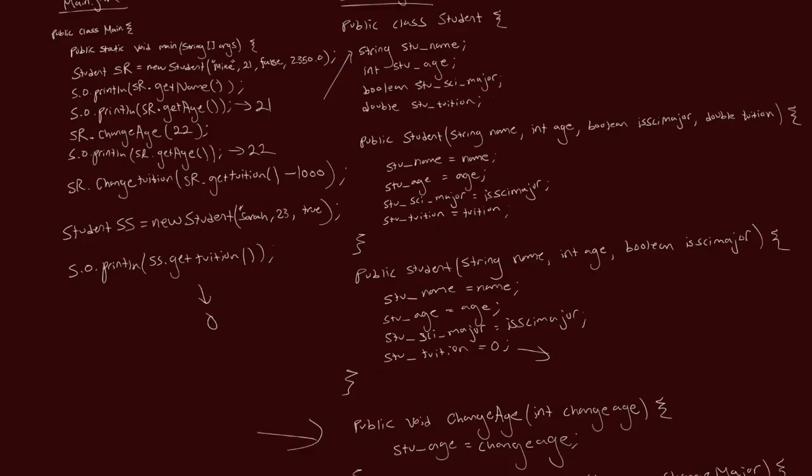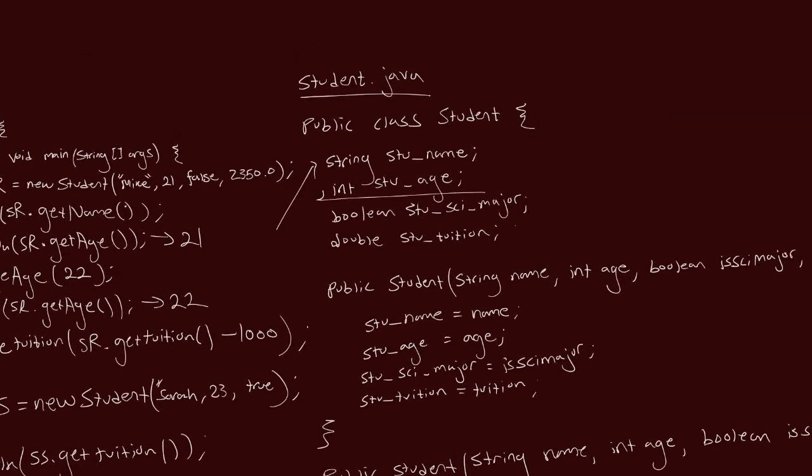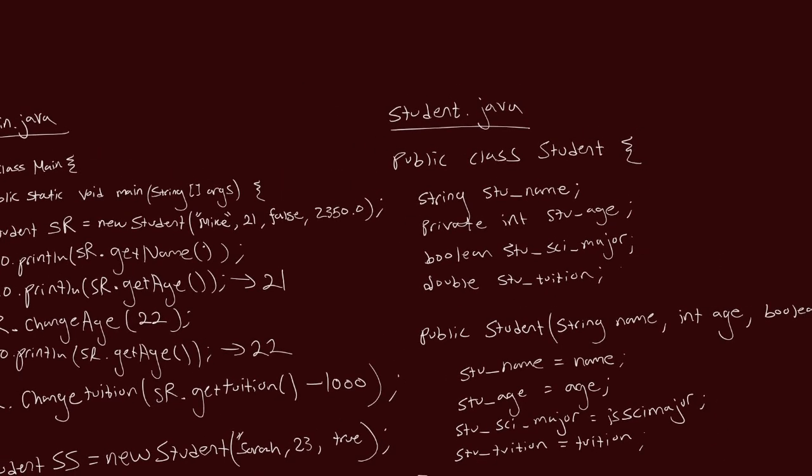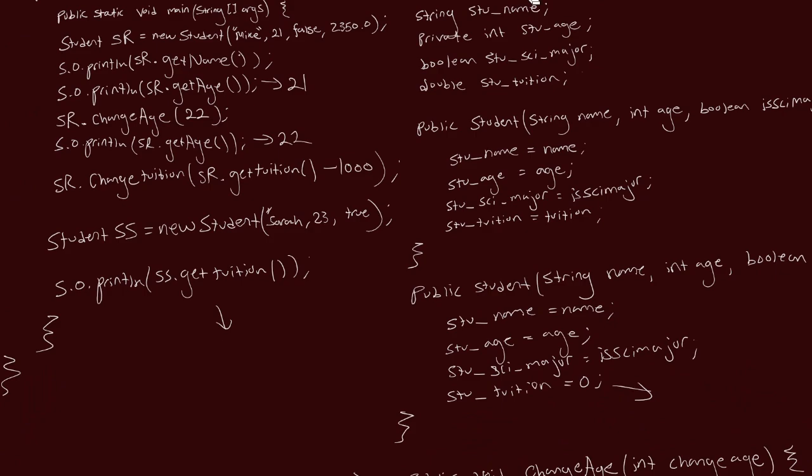Okay. Now let's say we don't want anyone to access our student age directly, because obviously this is confidential. So what we can do is rewrite this to be private int student age. Okay. Now, if we try and view any of our students' age directly, so if we do system.out.println ss.student_age, you're going to get an error because they can't view this because it's private.